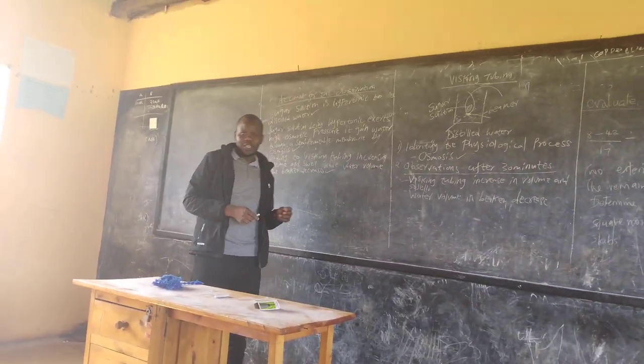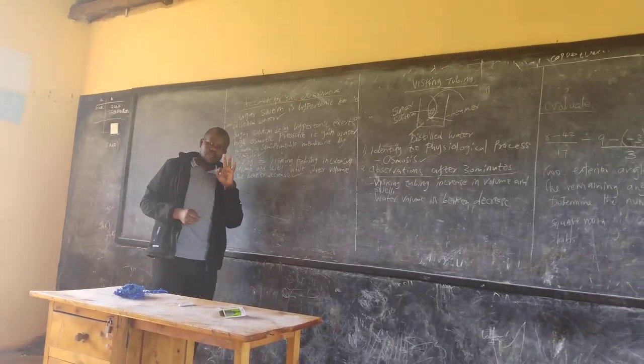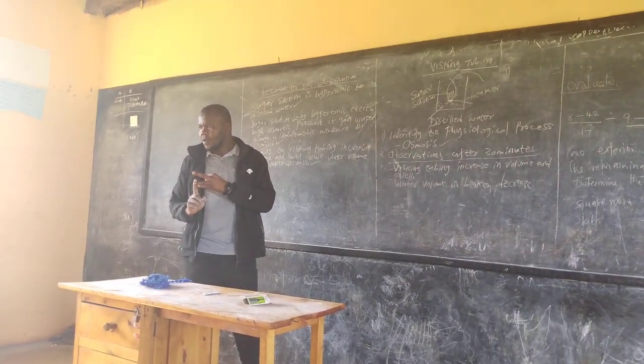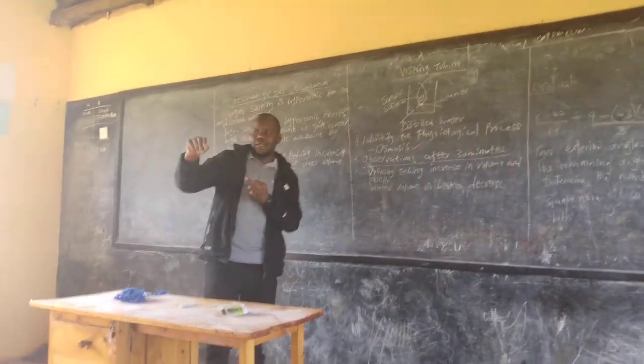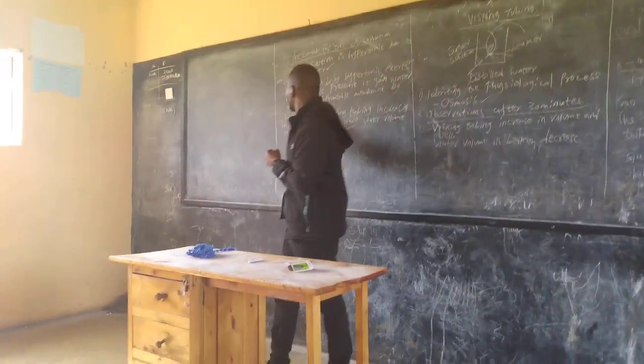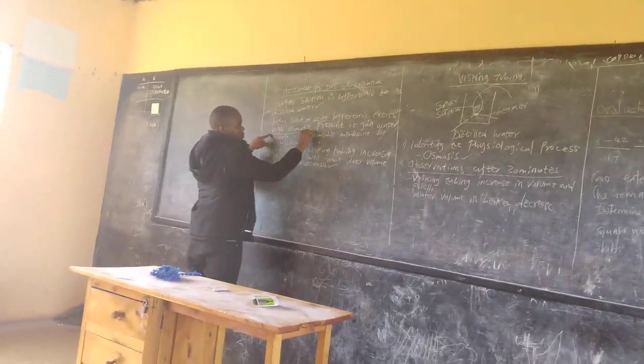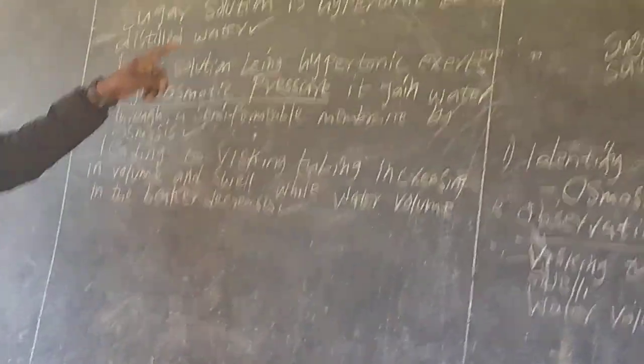Exactly. So we are saying, number one, identify the solution. Number two, you should mention that hypertonic solution. That is why I prefer for a student to start from the hypertonic to the hypotonic.